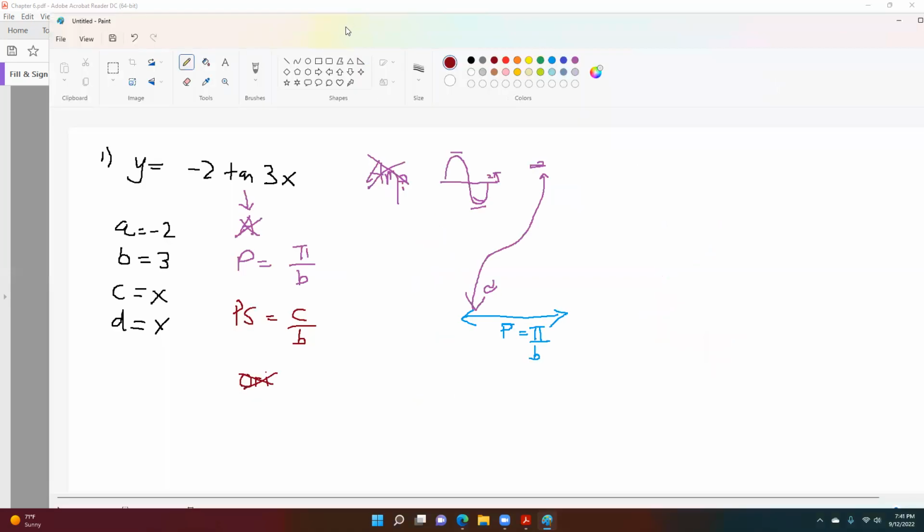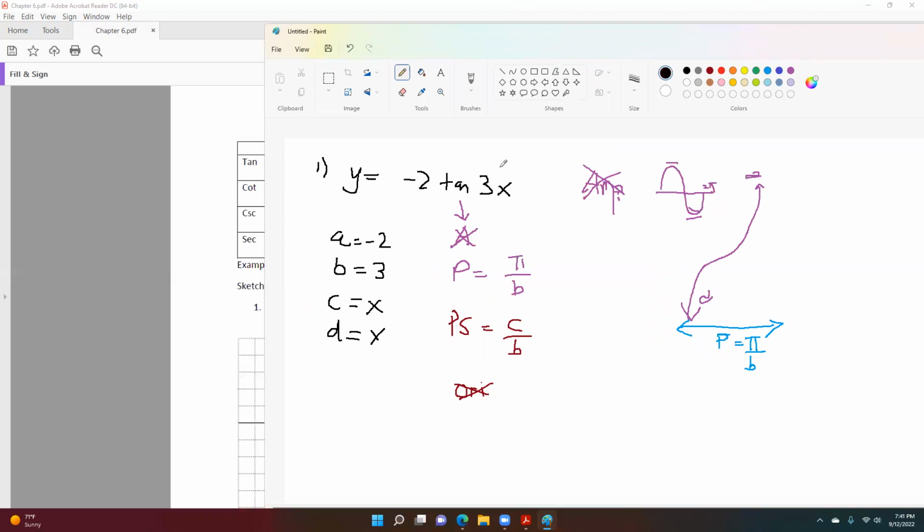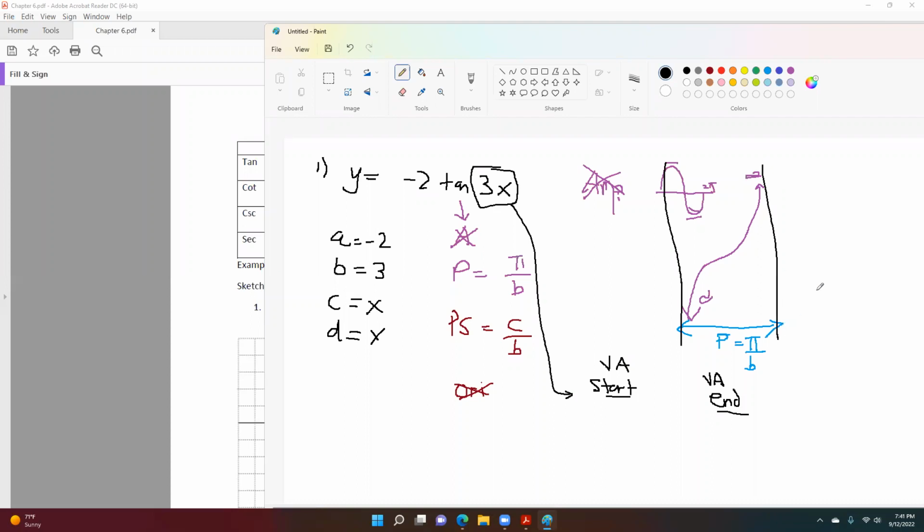So what we do in this question is take your bx minus c. You have a starting point and an ending point. This starting and ending point is your vertical asymptote, because as long as you can tell me where your vertical asymptotes start and end, then we know your tangent will be inside there.